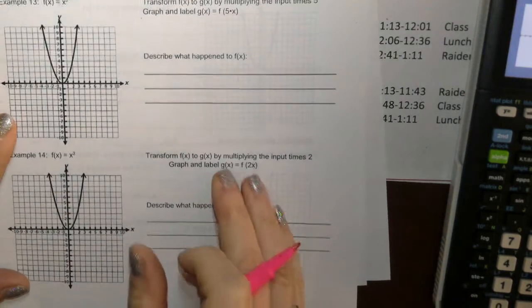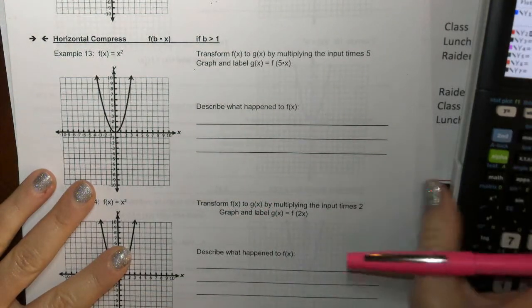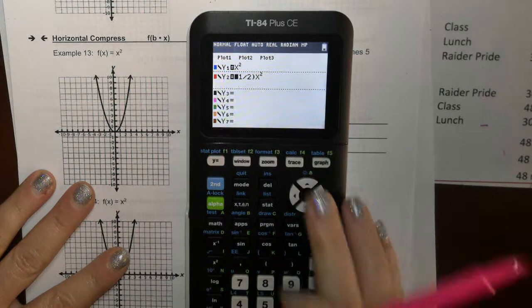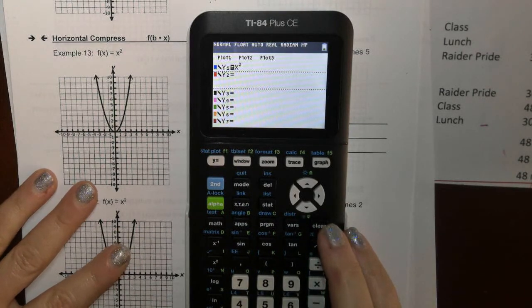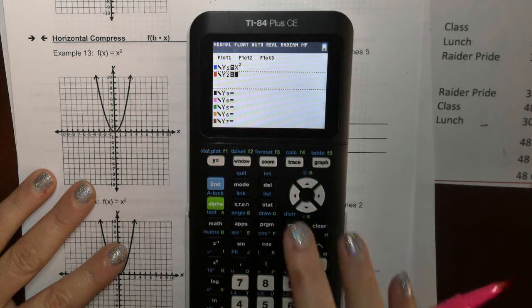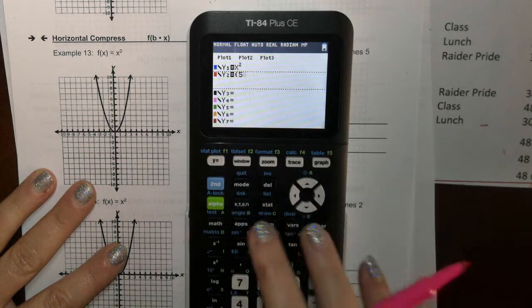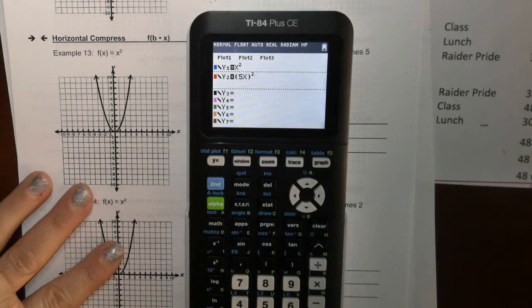And look at the horizontal compression. We've looked at vertical compression, so let's look at the horizontal compression. We have our parent function, x squared, and now, since we're multiplying inside the parentheses, we're going to multiply 5x, in parentheses, like this.